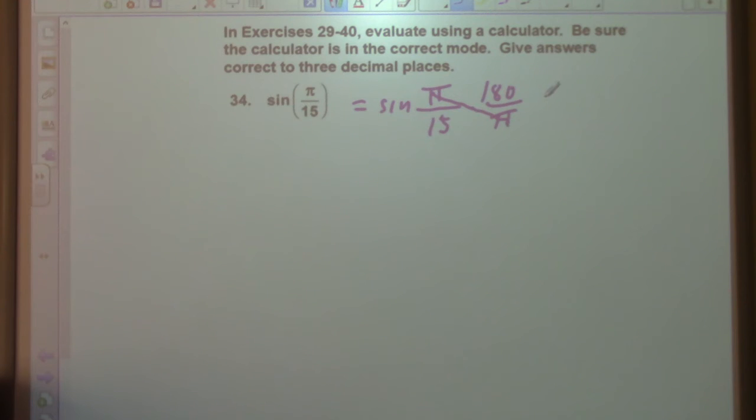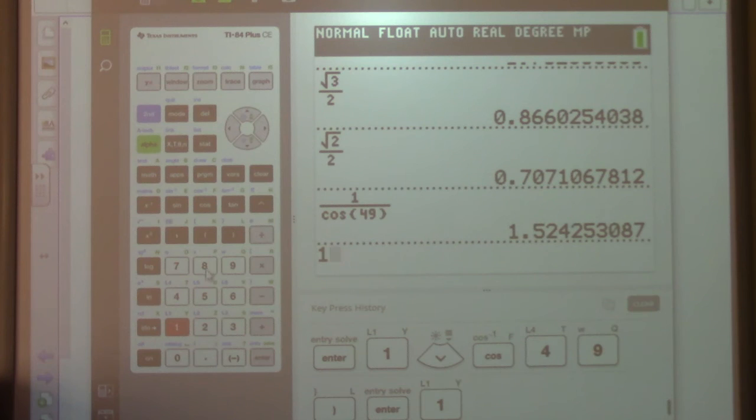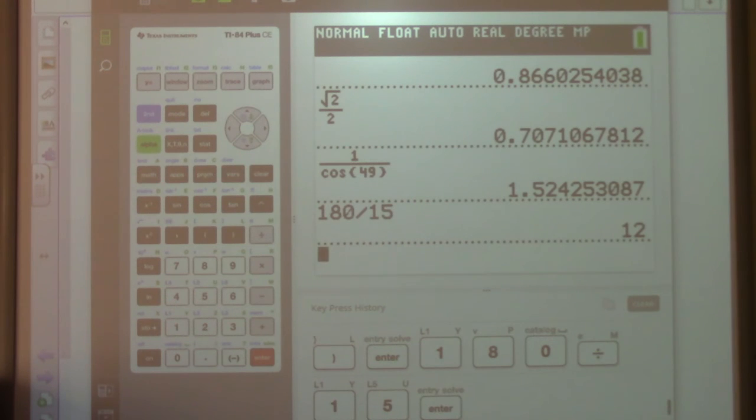So sine of 180 over 15, is that 12? So if I'm in degrees, it's not this. Yeah, you have to do those in radians. 12, which one? 180 over 15. The one where it's like pi over. Oh, is it 0.2? That's 12 degrees.